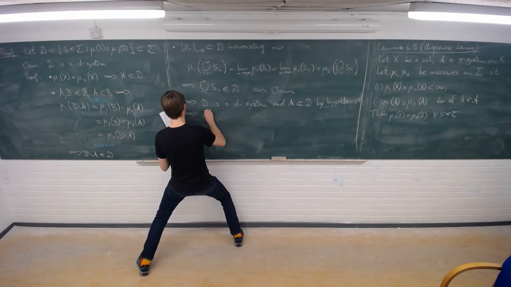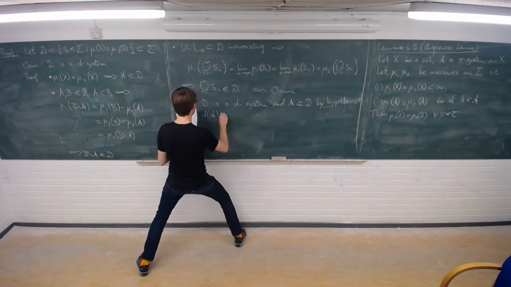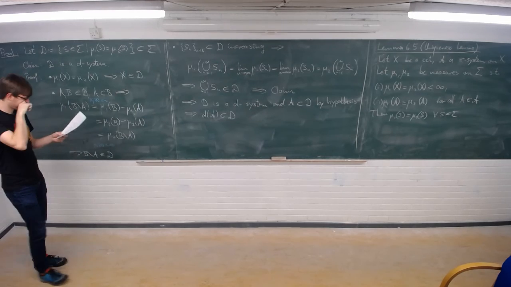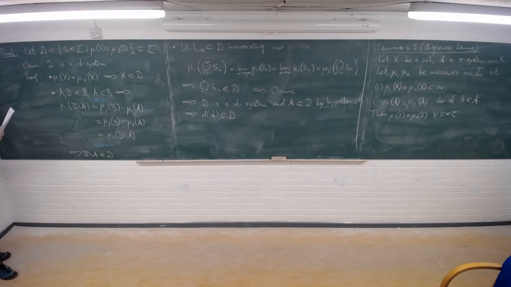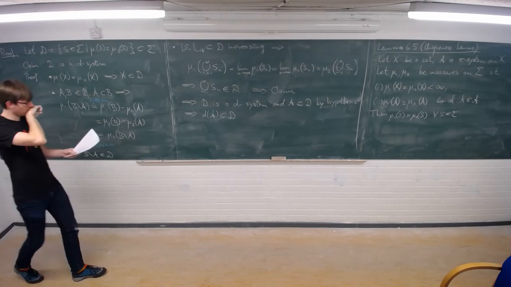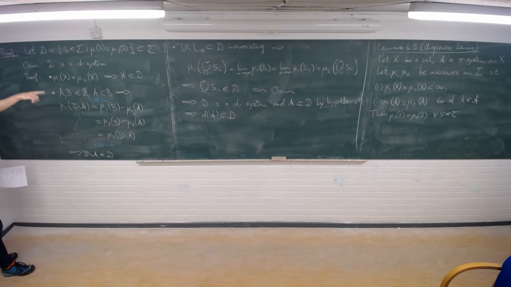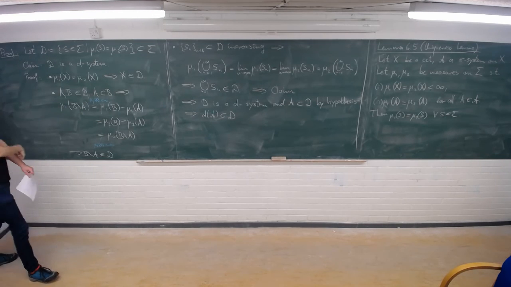So D of A is a subset of D. Okay, so this followed from D being a D system.